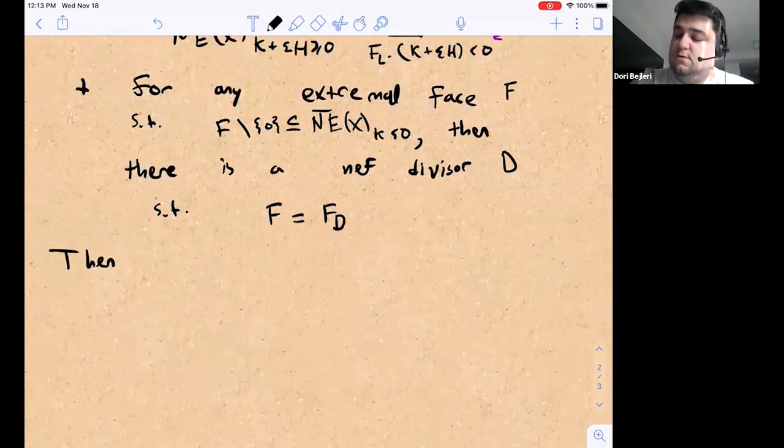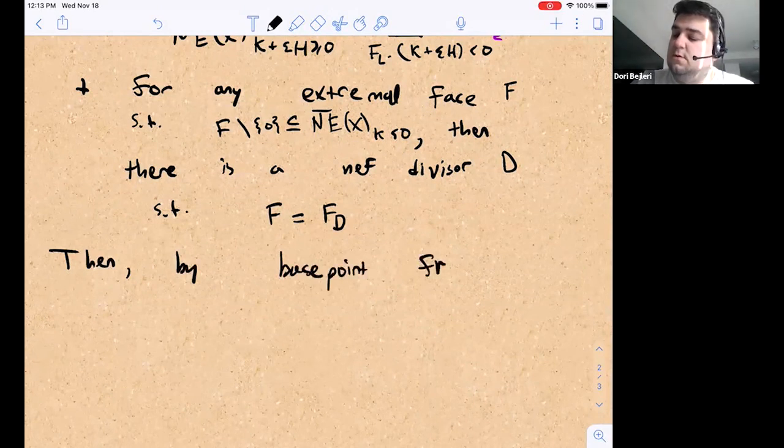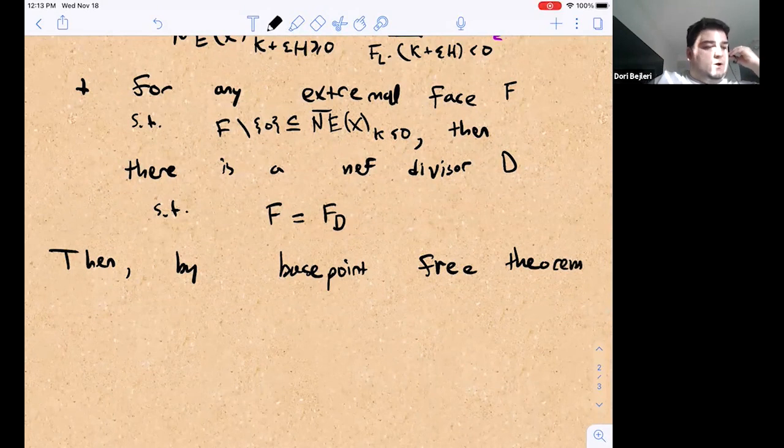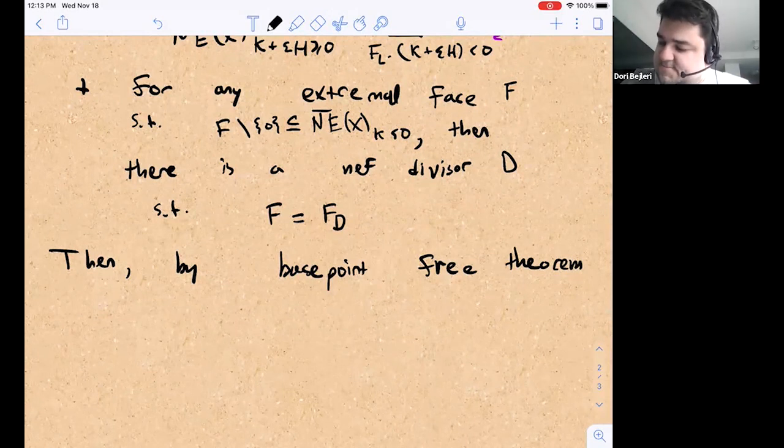Then, by the base point free theorem, the point is that D is semi-ample. And why was this?